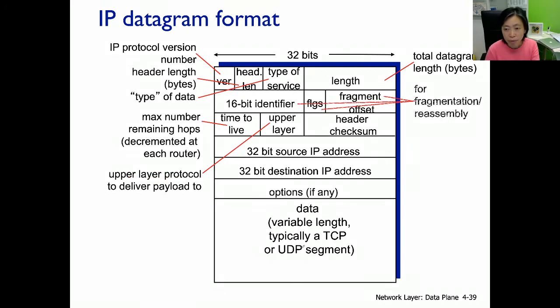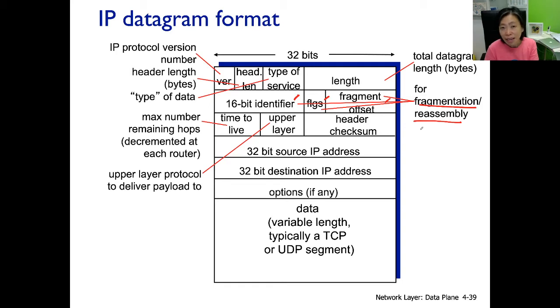Now the second row. These three fields in the second row are actually working together, supporting each other, for a very important functionality called fragmentation and reassembly. When the IP datagram enters the link layer, the link layer defines a maximum packet size, or maximum frame size. The packet in the link layer is called a frame.